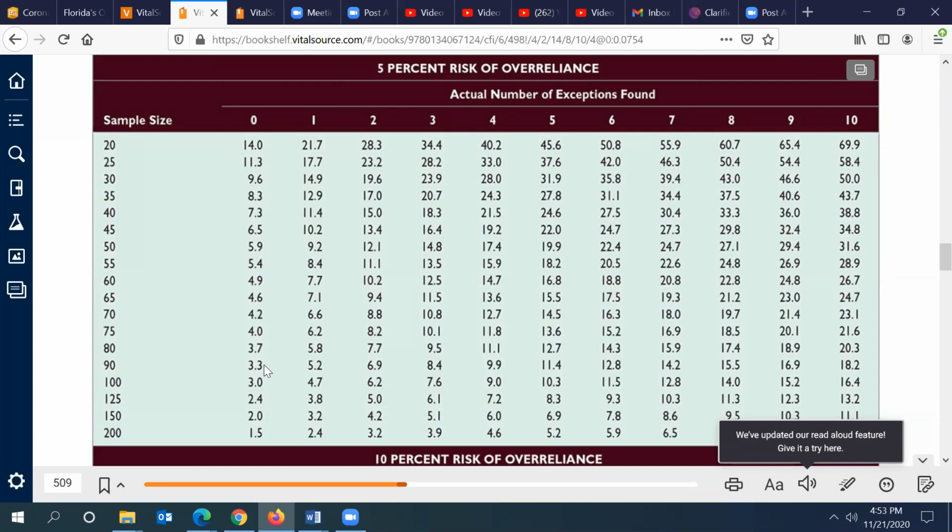These are percentages. This 3.3% means that up to 3.3% of the population may be in error. I'll show you how we interpret that in just a second. So there's our 3.3.